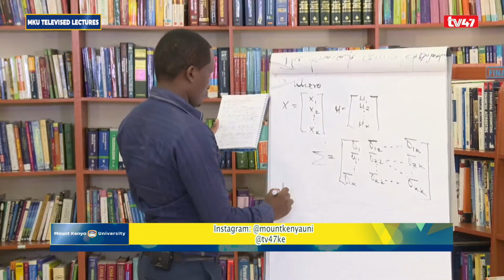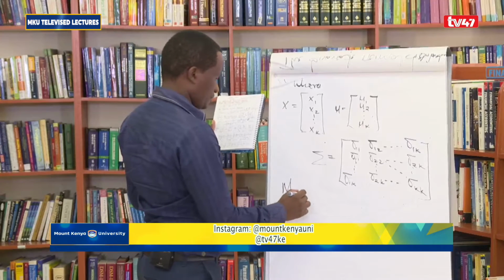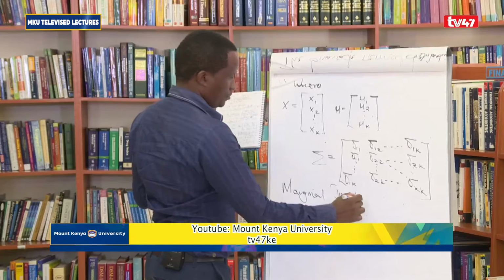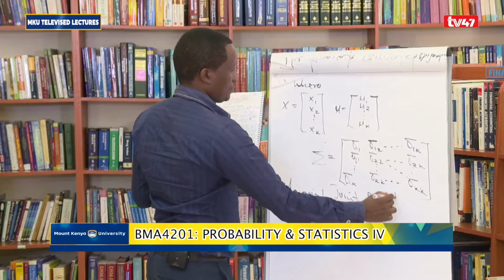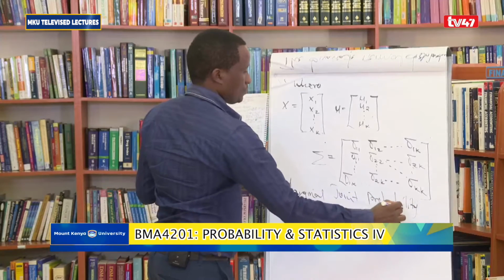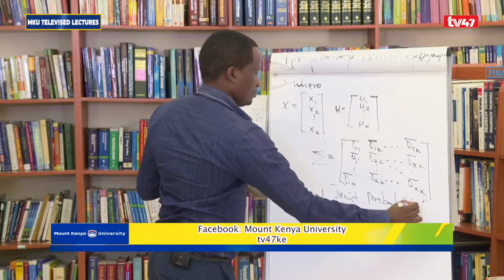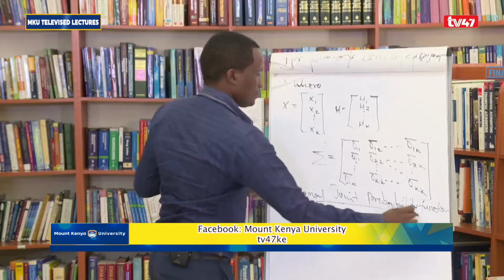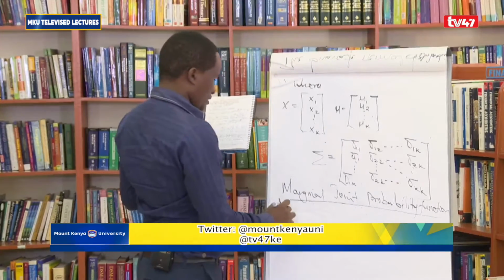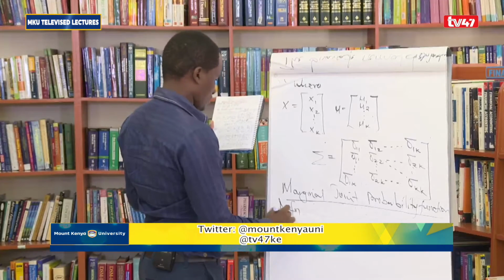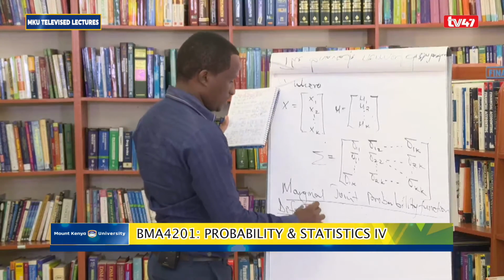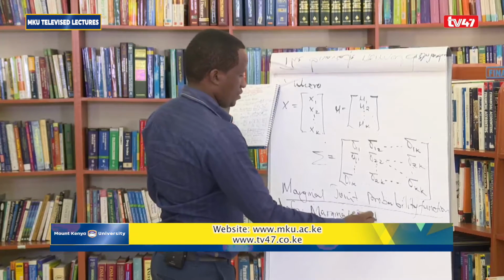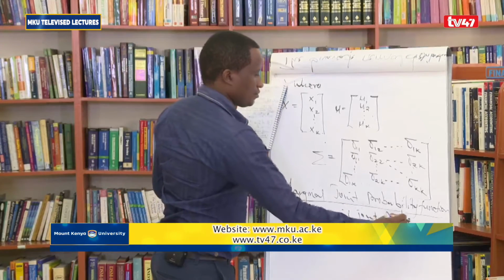Let's look at the marginal joint probability function.